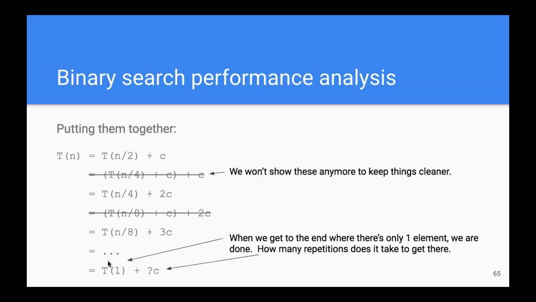It ends when we get to T of 1, right? When we only have one element left. So we know we're going to end with T when the size of the list reaches 1, so T of 1. Now the question is, what is the number in front of c?